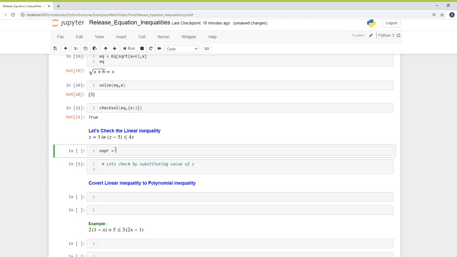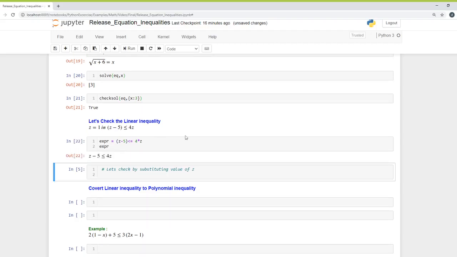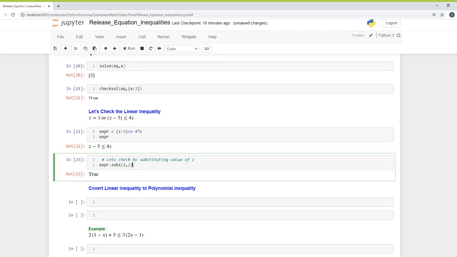Expression is equal to z minus 5 less than or equal to 4 into z, and expr, shift enter. This is our inequality. Now substitute the value z is equal to 1, expr.subs(z, 1), shift enter, and this is True. So our inequality is true when we put the value z is equal to 1.